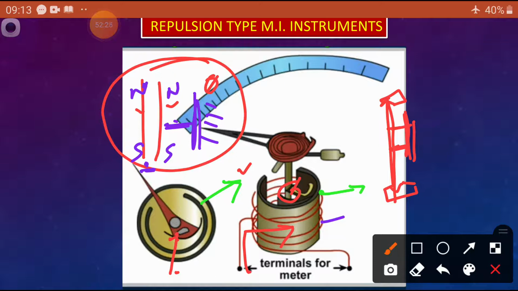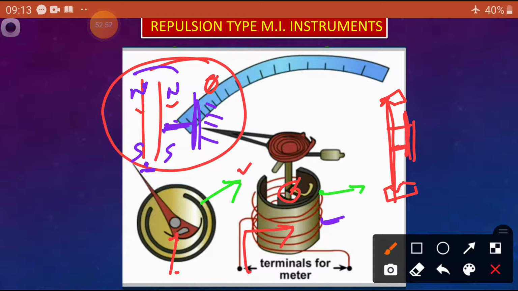Once the two iron pieces are magnetized, north pole and north pole, as per Coulomb's law, like poles repel each other. But one piece is attached to the stationary, rigid body part, whereas the other is attached to the spindle placed on jeweled bearings, so it is a rotor.